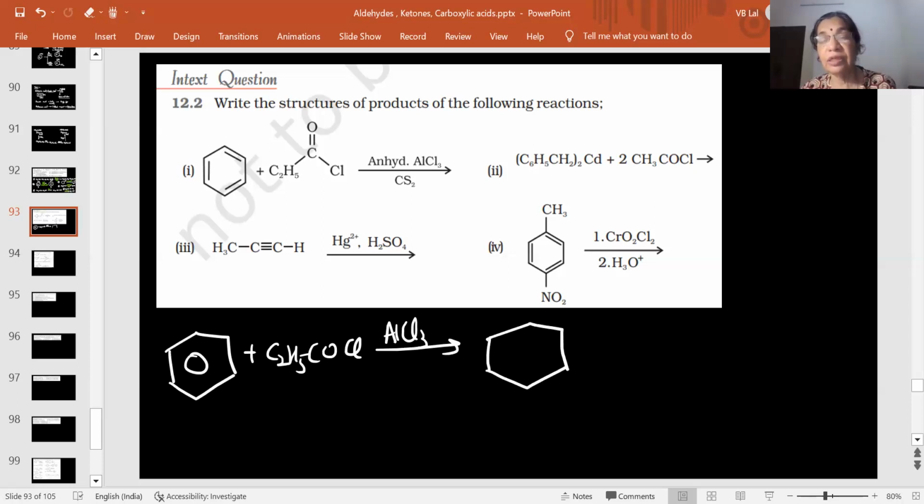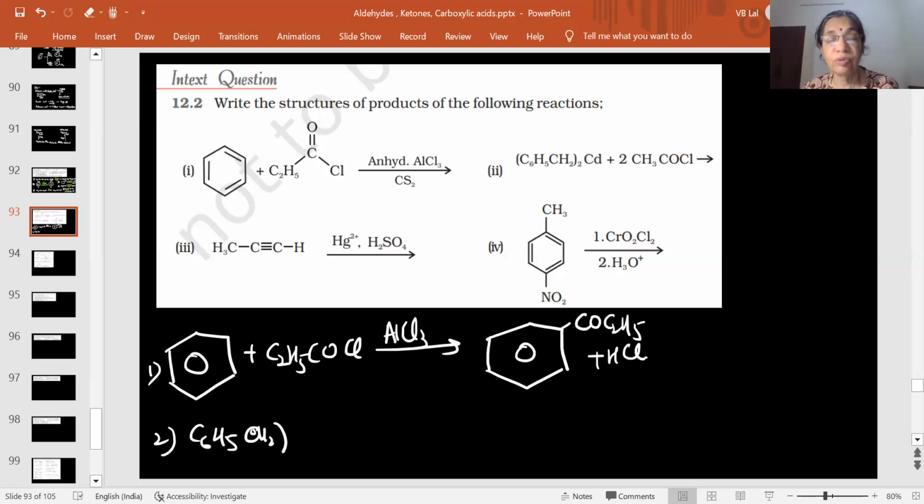Something will come on the benzene ring. So you will get, instead of COCH3, you will get COC2H5. This is a ketone where one side is C6H5, the other is C2H5. So this you will get plus HCl. Now the second one, if you remember, the second one also will give you a ketone, (C6H5CH2)2Cd plus 2CH3COCl.